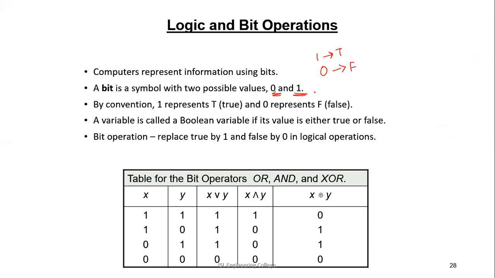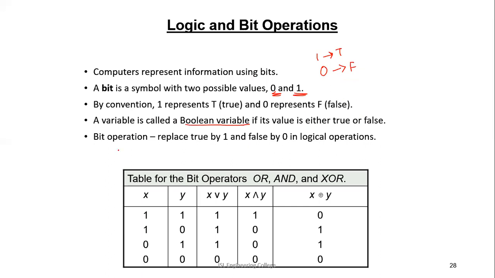So by convention 1 is true and 0 is false. A variable is called a Boolean variable if its value is either true or false, like the Boolean data type.